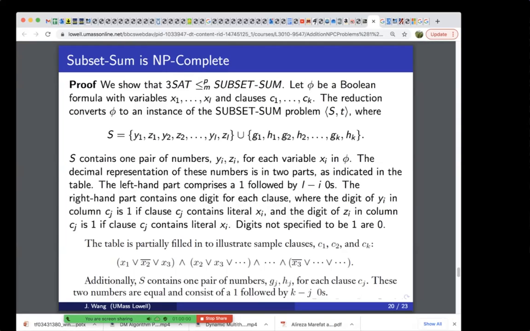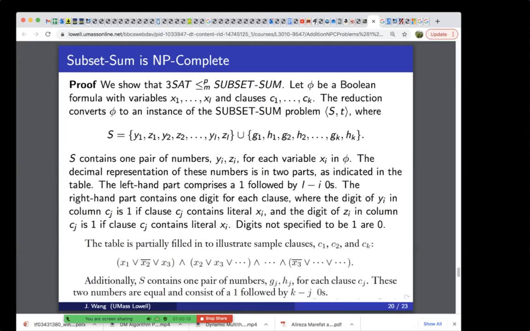So again, let's say our Boolean formula consists of k clauses, C1 to Ck, and it consists of L variables.